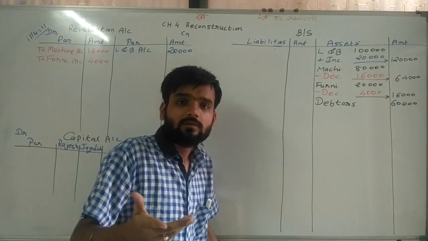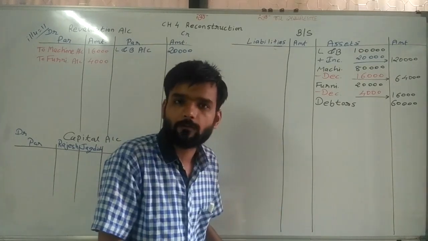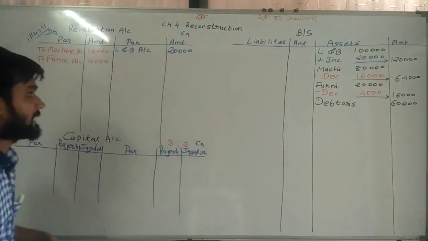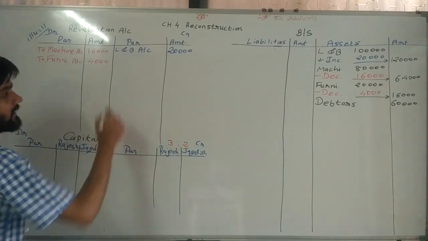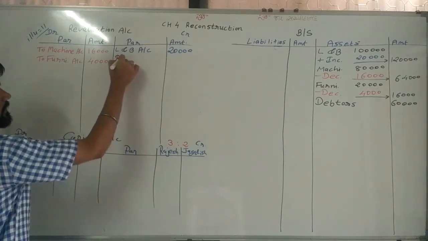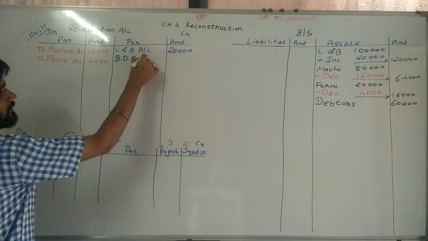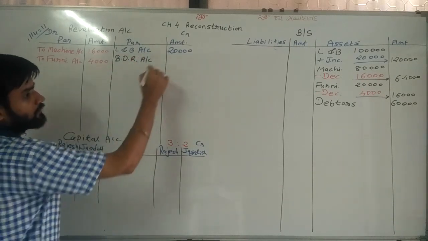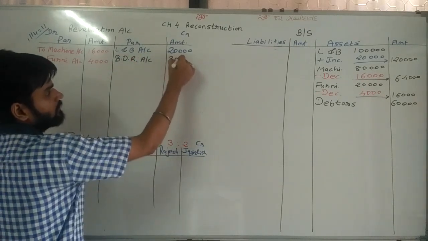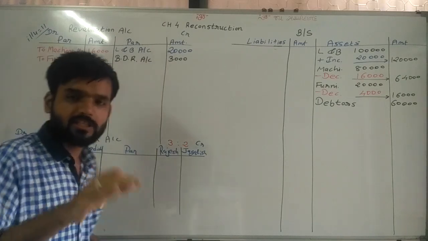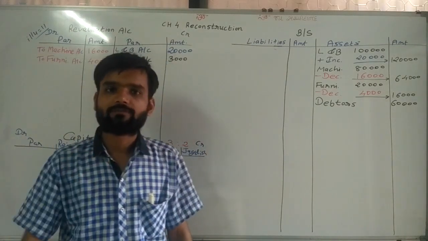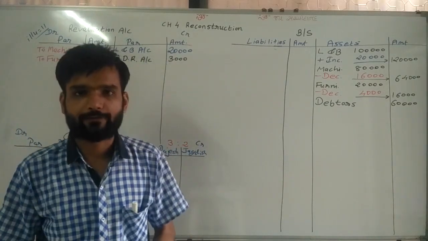It means there will be no bad debt in future. So happy. That's why we are writing here bad debt reserve account 3,000, which is given in the old balance sheet. Now it is not required.